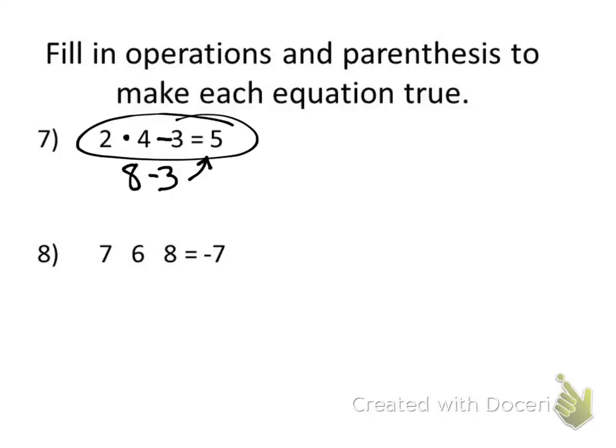Yes, ma'am? 7 minus 6. Okay, so 2 minus signs. So this is all in the addition and subtraction step of the order of operations, right? So we just move left to right. What is 7 minus 6? 1, and what's 1 minus 8? Negative 7, so this one works.